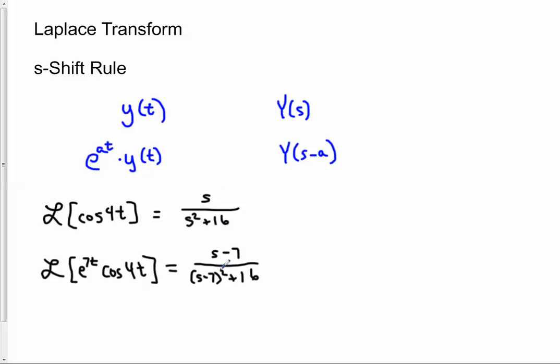Just replacing the s with an s minus 7. It's really the function with the same behavior, only shifted to the right by 7.